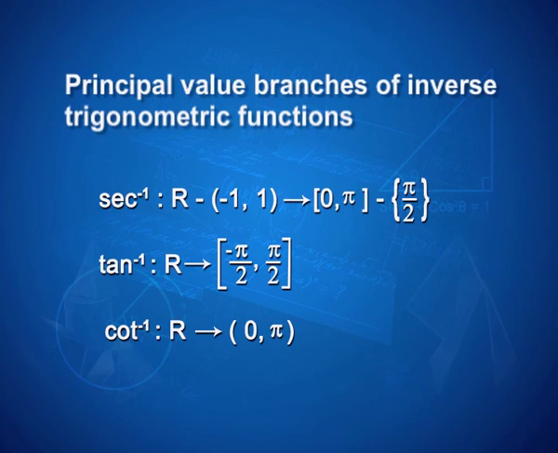Same reason holds for cot inverse. It is defined over the entire real numbers and mapped onto the open interval 0 to pi. Remember, cot function domain does not have any multiples of pi.